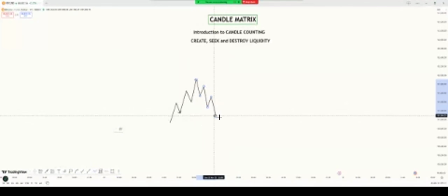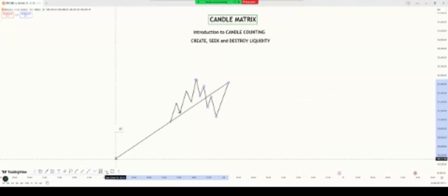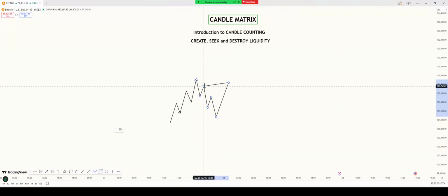So price might seek this high instead of this one, seek to trade above this high, ignore this one, and the liquidity that rests above this high would cause price to reverse.